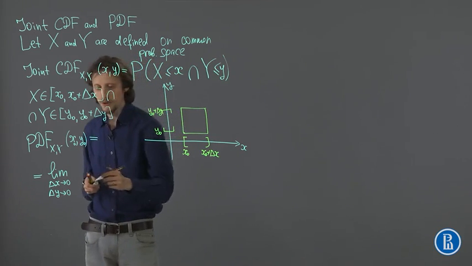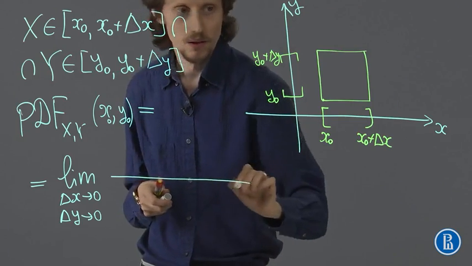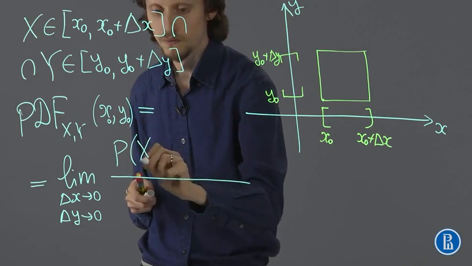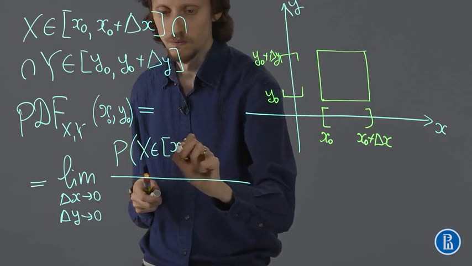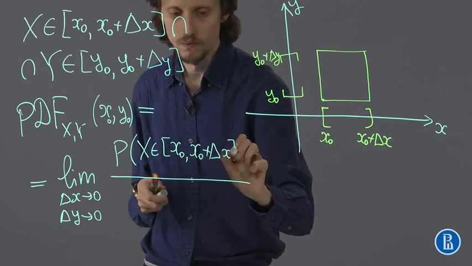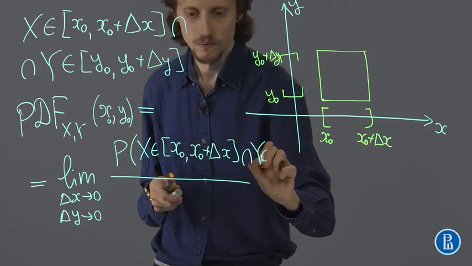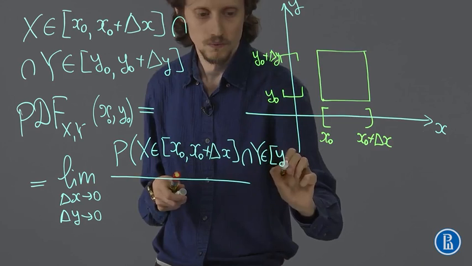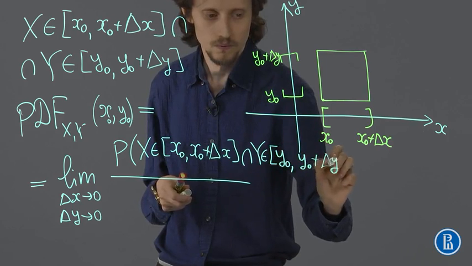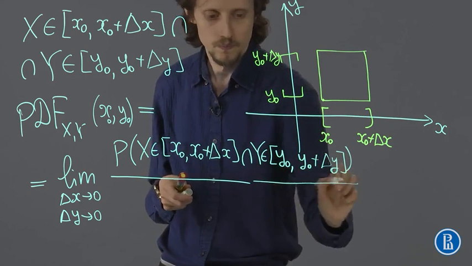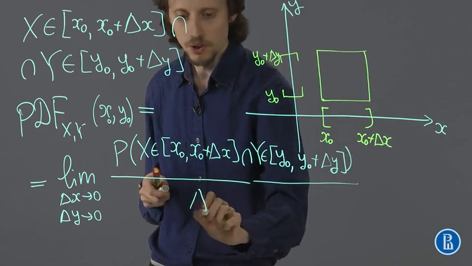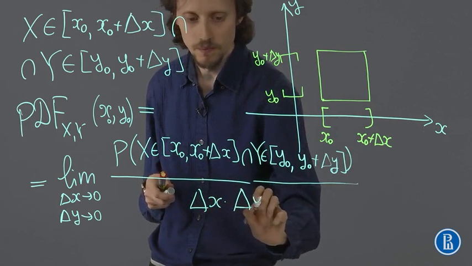So we have a ratio here, and in the numerator we have the probability of this event, and in the denominator we have the area of this rectangle, which is delta x times delta y.